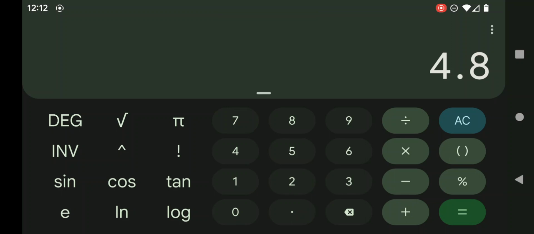Which means the bigger the annual rate of return of your savings or investment, the sooner you double your money, right?